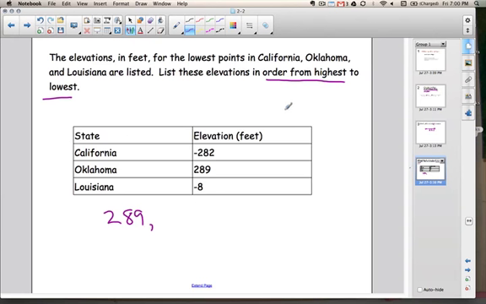And now I'm going to make a little number line for us. I'm going to put 0 here in the middle. I'm going to put 289 way up here. That means 8 is going to be really close to 0 here, right? And -282 is going to be way down here.